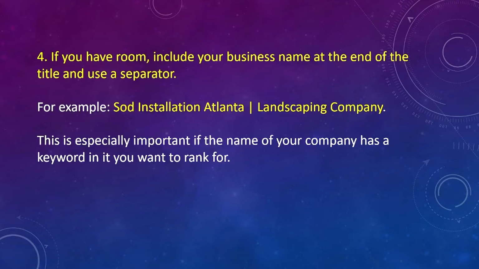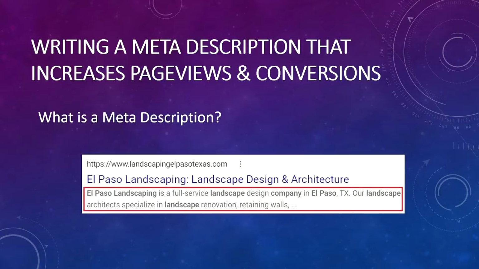And number 4, if you have room, include your business name at the end of the title and use a separator. Or you can use a dash, whatever you want. For example, sod installation Atlanta, and then the name of your company, for instance, landscaping company. So this is especially important if the name of your company has a keyword in it you want to rank for.